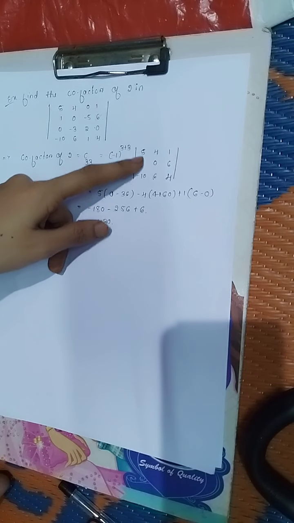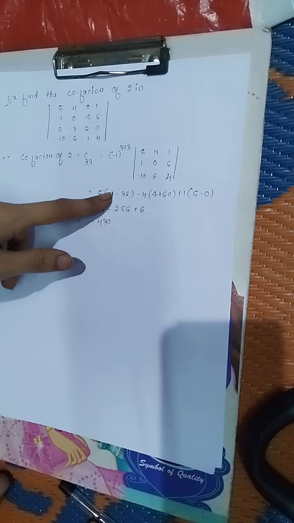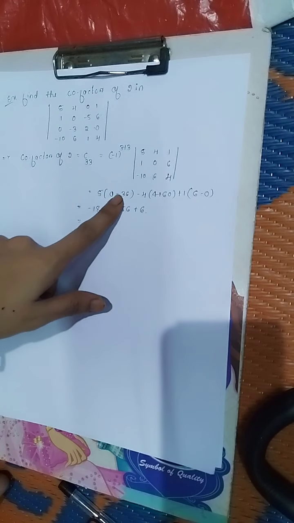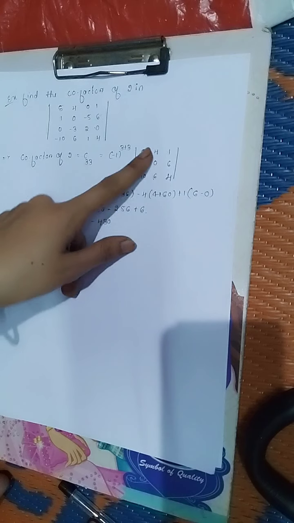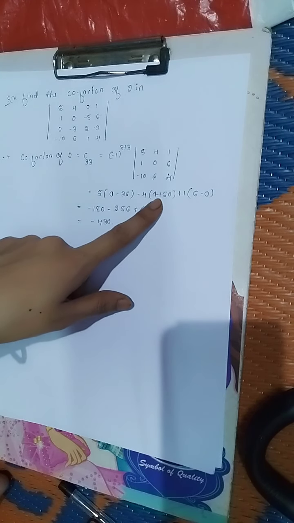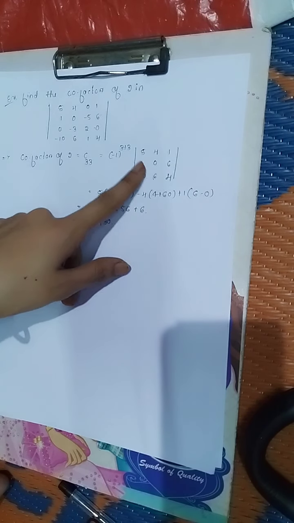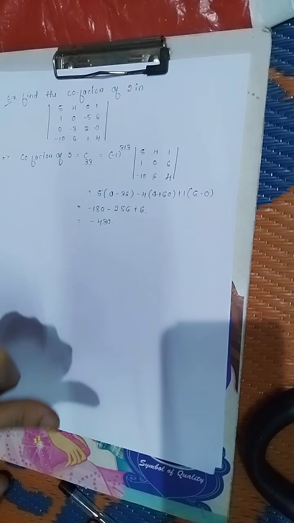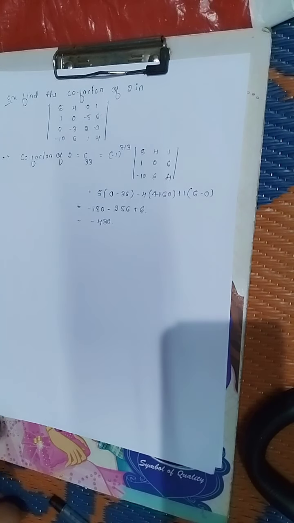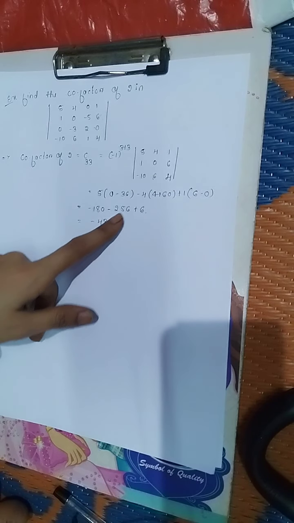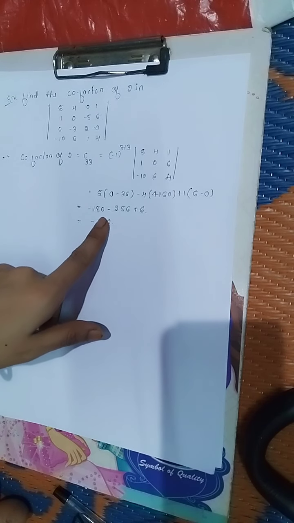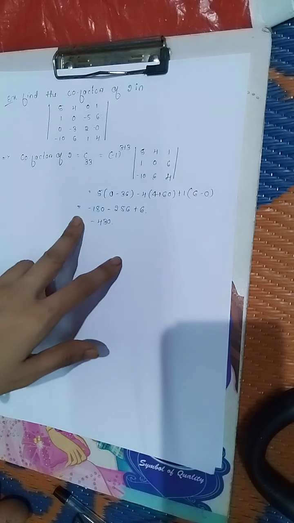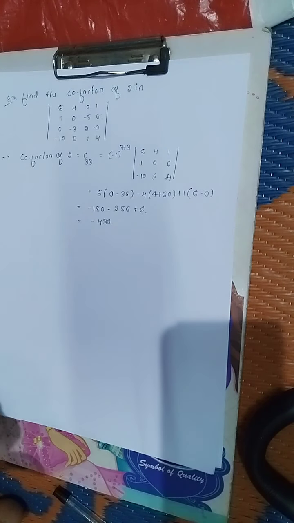Leaving the first row and first column, the elements are 0 into 4, that is 0, minus 36, minus 4 into the bracket 4 plus 60, plus 1. Again into the bracket we have 6 into 6 minus 0. Therefore minus 36 into 5 is minus 180, 64 into 4 is minus 256, plus 6. So 250 minus 180 is 430.